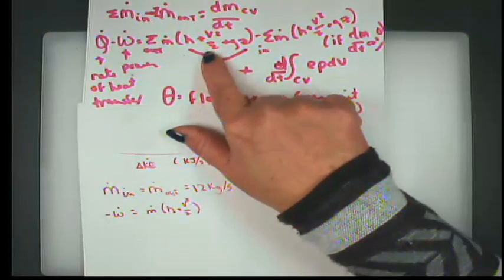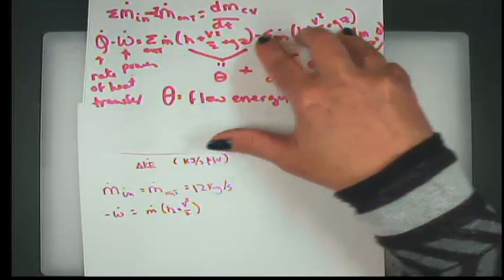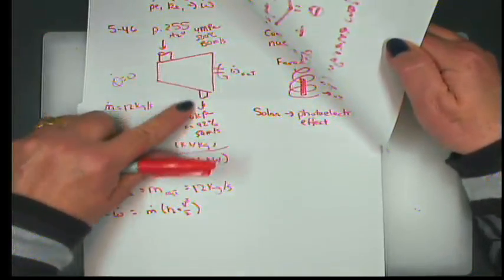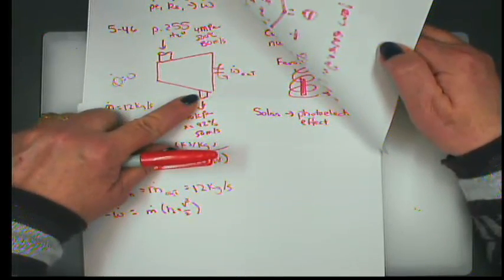The other thing you might notice is gz: there's really no difference in height. I've drawn the inlet a little higher than the outlet, but it's not a significant factor.